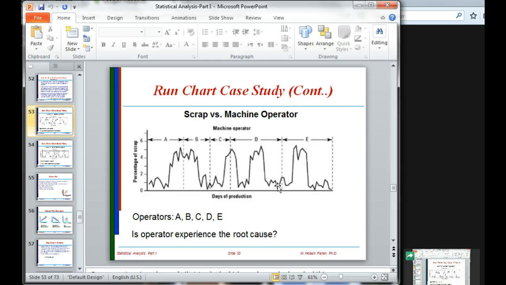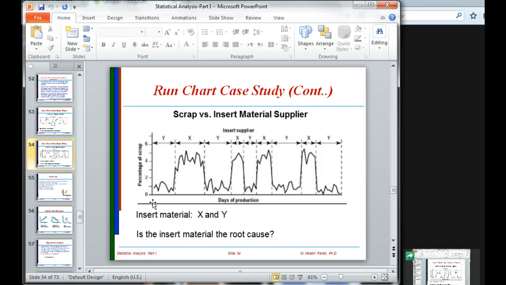So you look at this data and say, well, that doesn't sound like operators learning how to do this well on the job. Now here's operator E. It started low, went up, then went low. That doesn't seem to explain the problem. So he plotted the data differently, this time by the supplier of the material.